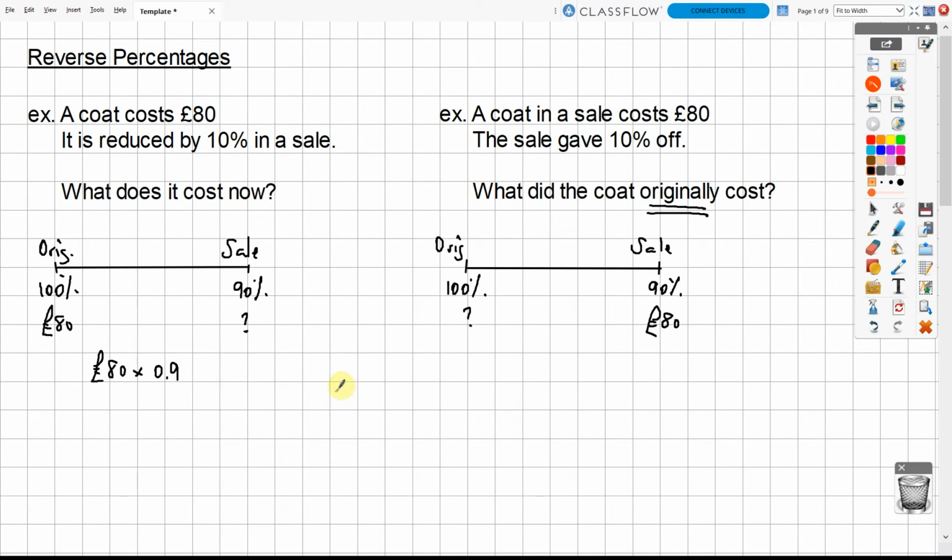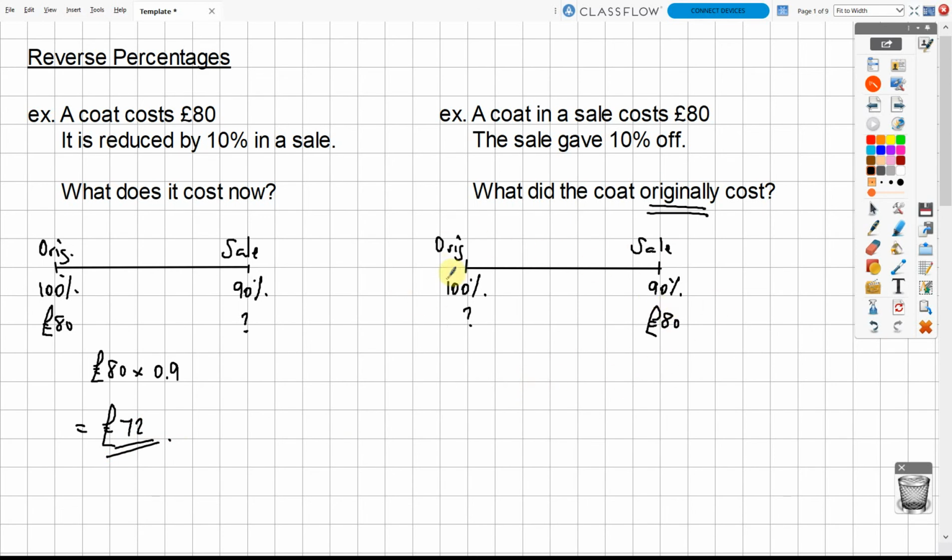It's reduced by 10%, so it's multiplied by 1 but a little bit less than 1, and if we multiply by 0.9, that's the correct amount below 1 to result in a 10% reduction. And so that's a fairly straightforward £72.